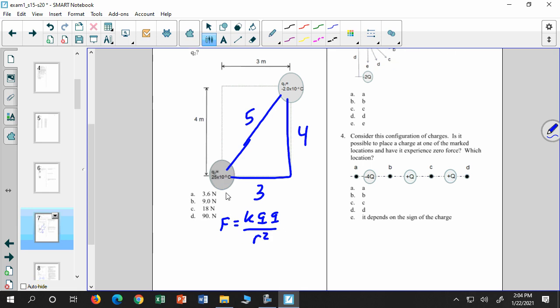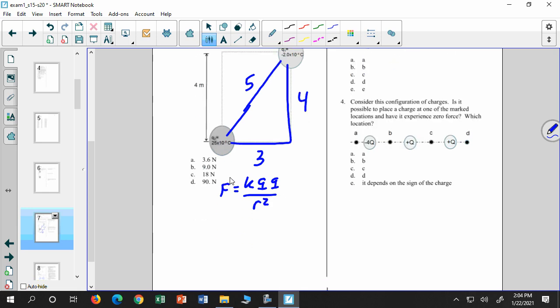In this case, r is 5 meters. So this is 9 times 10 to the 9th, that's my Coulomb's constant. Q is going to be 25 times 10 to the minus 5. Q1 is 2 times 10 to the minus 4, divided by the distance, which is 5 squared.